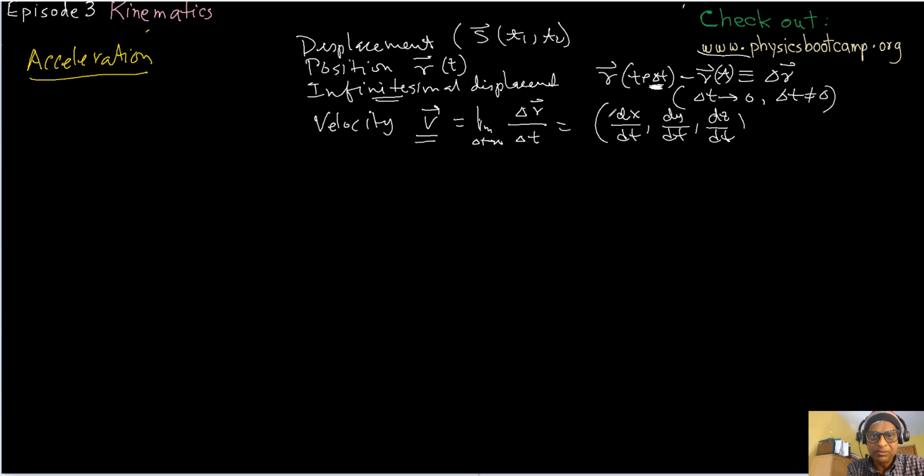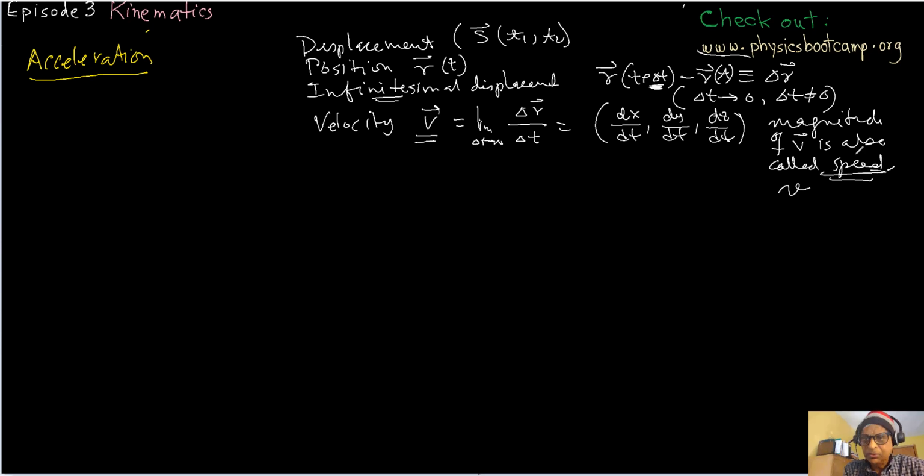These are the components of this velocity vector, and from there we can get the magnitude and the direction. The magnitude of v is also called speed. And you just use the symbol v for it because we have the magnitude for any vector. It's just the same symbol but without the arrow over it, right? So this is something I wanted to mention.